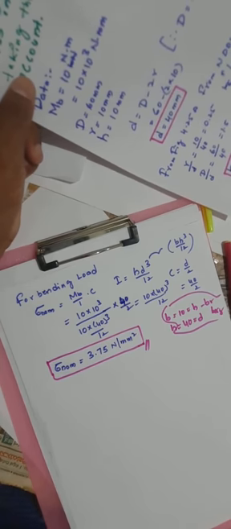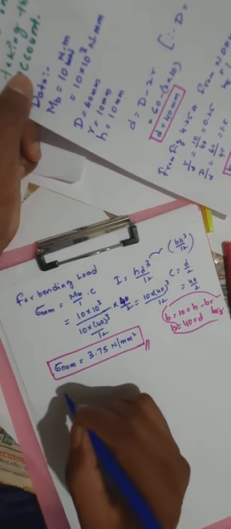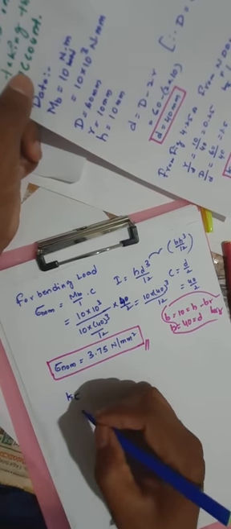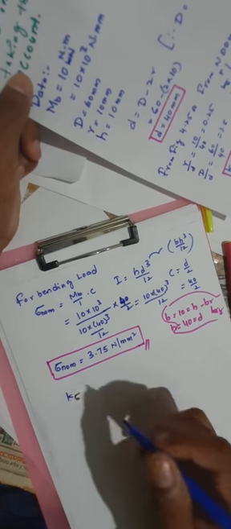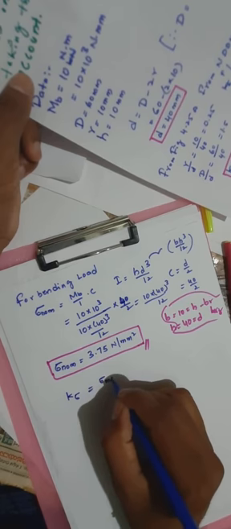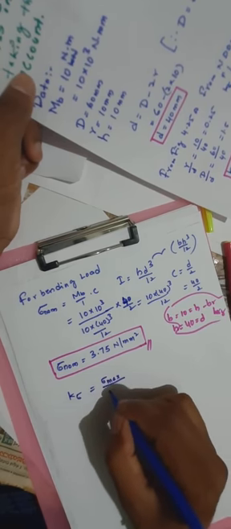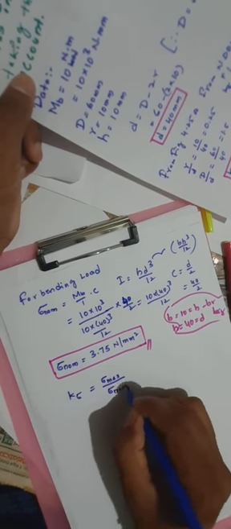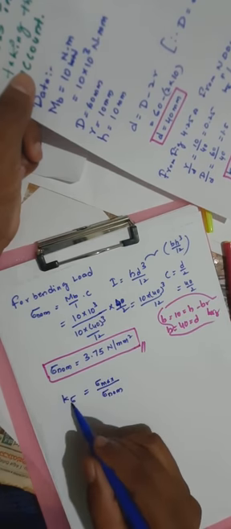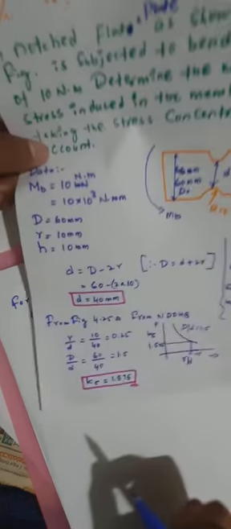Why do we need the sigma nominal? We want to find the maximum stresses. Here we need to take the stress concentration factor into account. K sigma is equal to sigma maximum divided by sigma nominal. We know the value of K sigma.